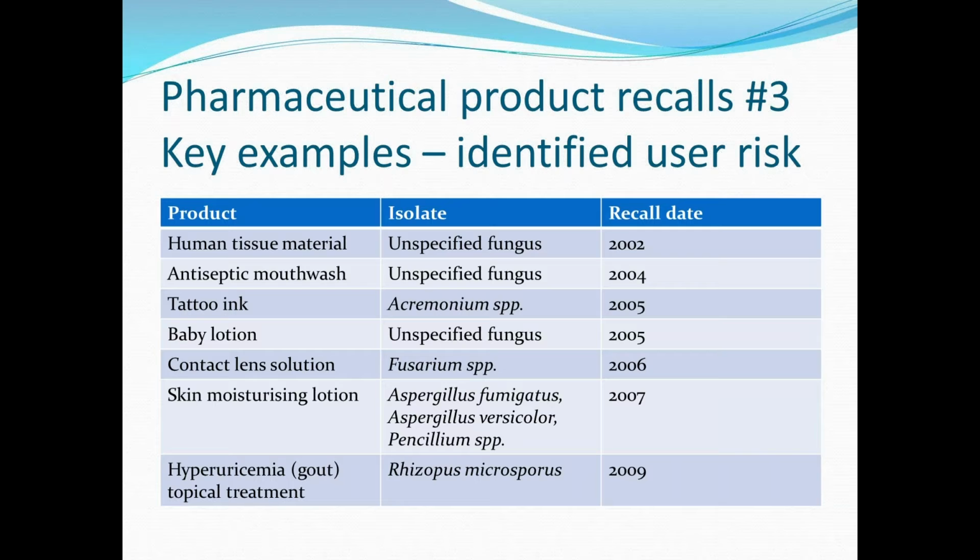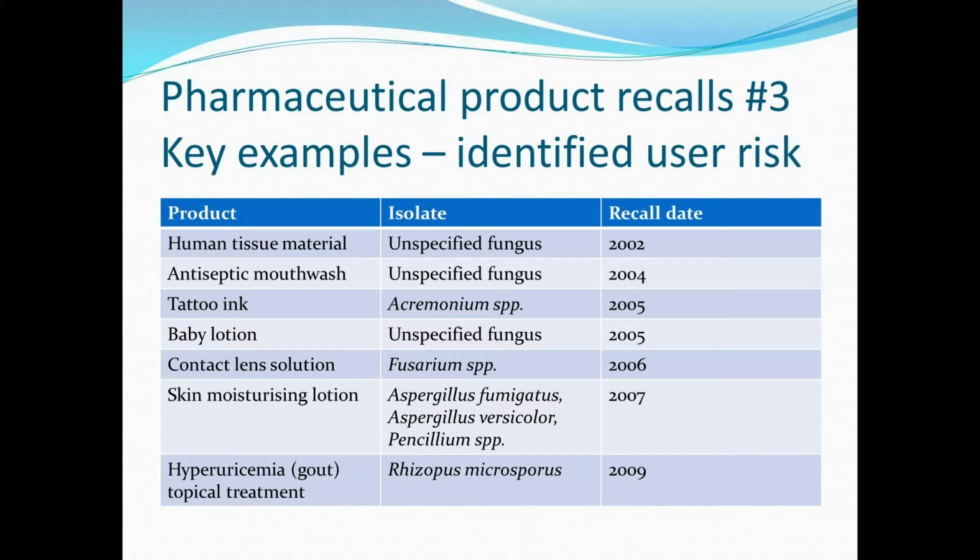Now, of these recalls, as I said, a number can be considered a risk to patient harm, and the more serious ones are listed on the slide. And drawing from the table, some of these products were leading to infections that could potentially have a high mortality rate, particularly for people who had suppressed immune systems or immunocompromised in some way.